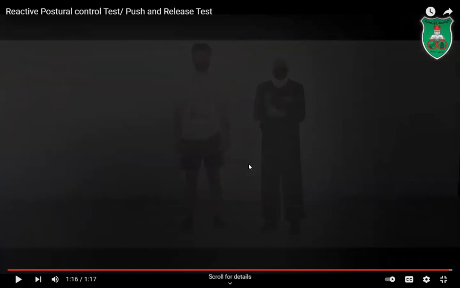Okay. So apart from this push release test, we can also do the perturbation test. In the perturbation test, you make the person stand and give a small perturbation, that means a small push, and see how they are reacting. The body will be reacting by using 5 different strategies: ankle strategy, weight shifting strategy, hip strategy, stepping strategy, and combined strategy.